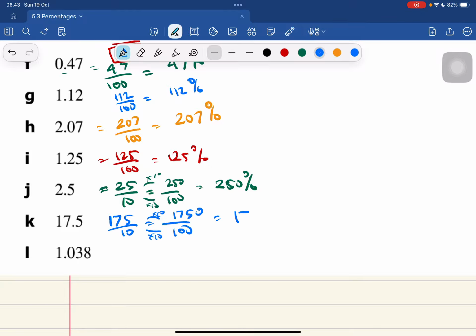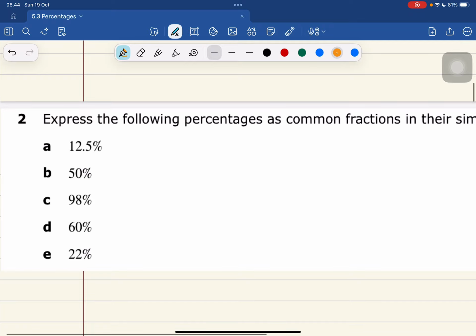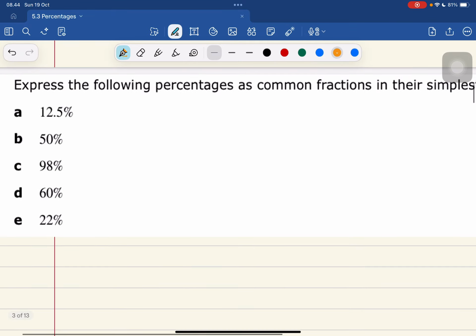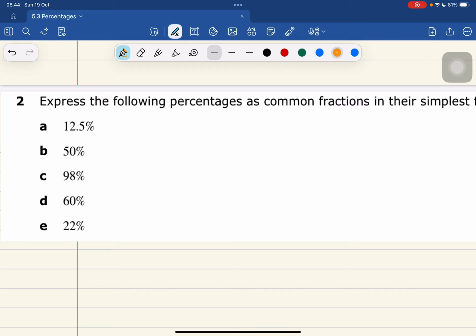So this is 1,750%. Last, let's make it over 100. So 103.8 over 100. So we got 103.8%. There it is.